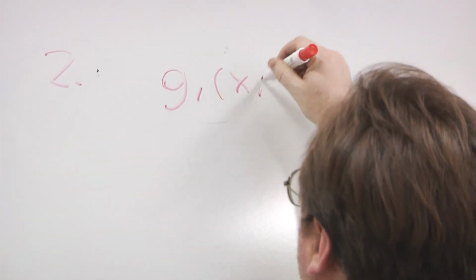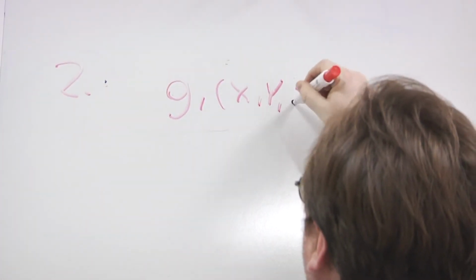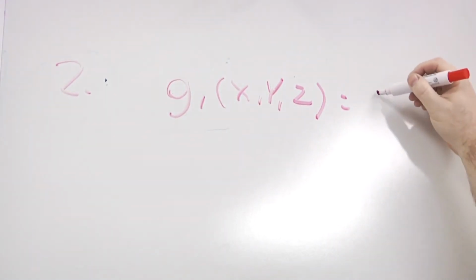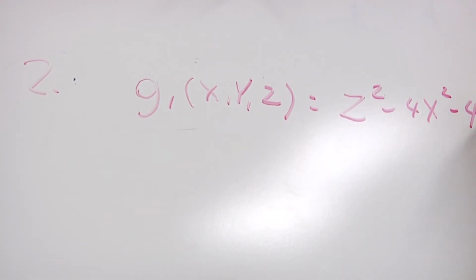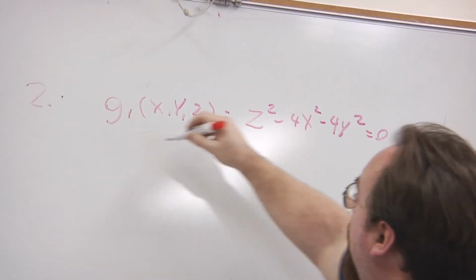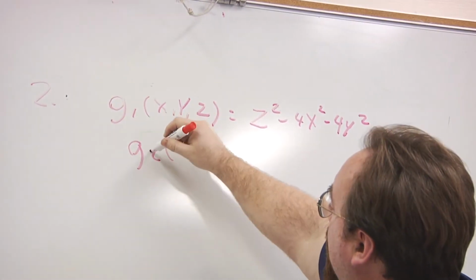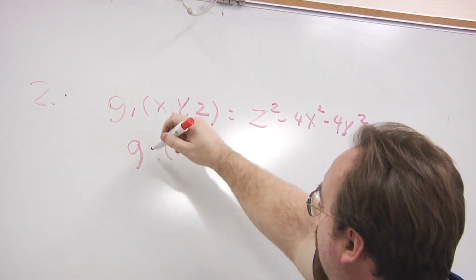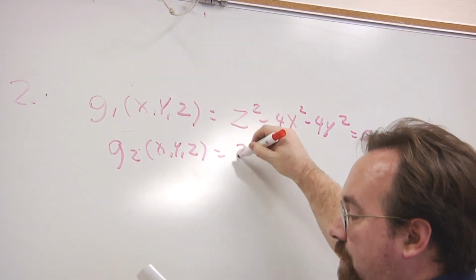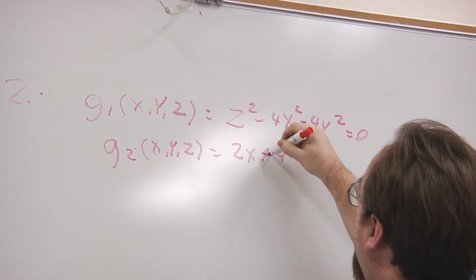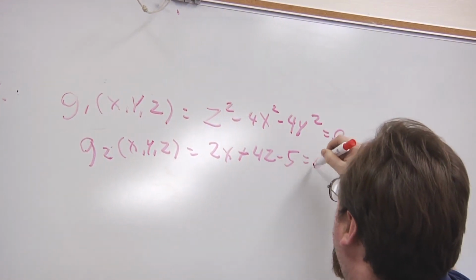So you have this constraint, the first one: z squared minus 4x squared minus 4y squared is equal to 0. And 2x plus 4z minus 5 is equal to 0.